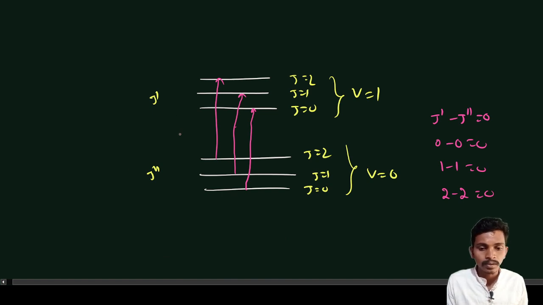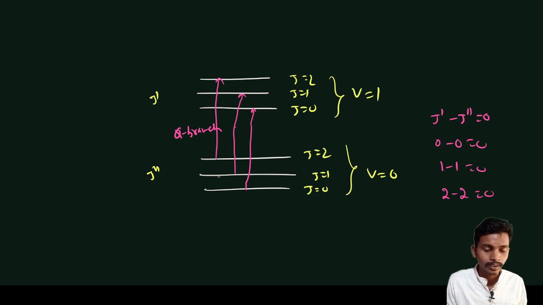So this is called the Q branch. Here delta J equal to 0.